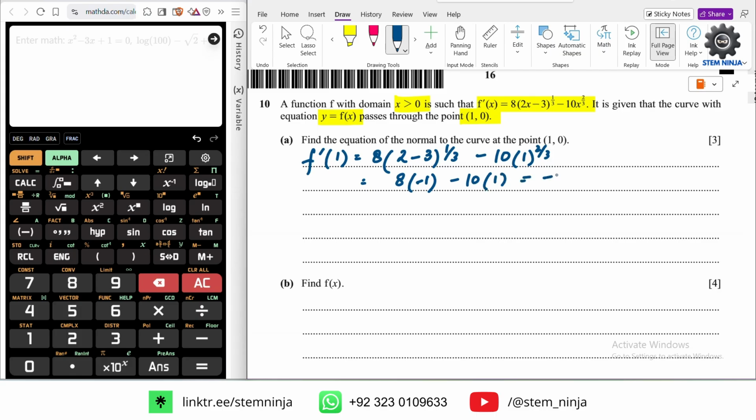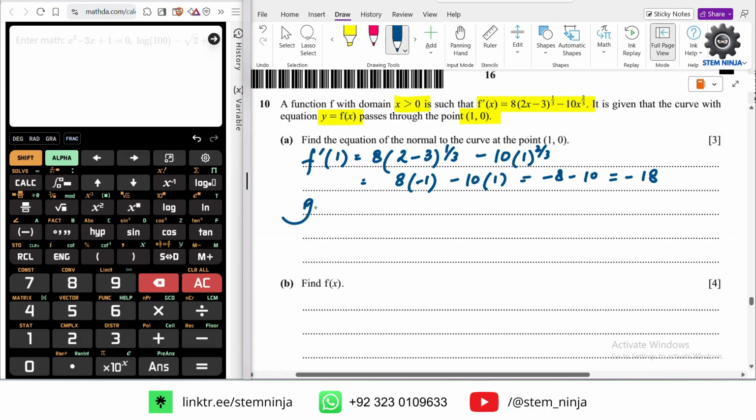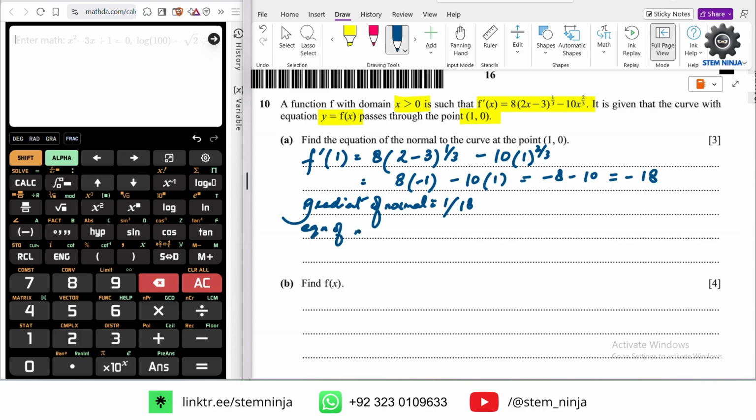So minus 8 minus 10, that is minus 18. So gradient of normal is 1 over 18.